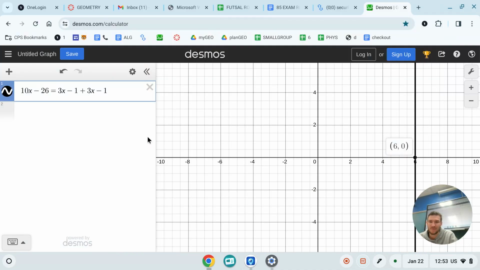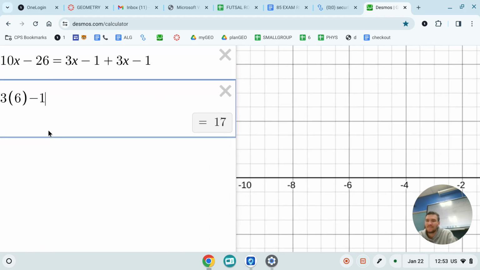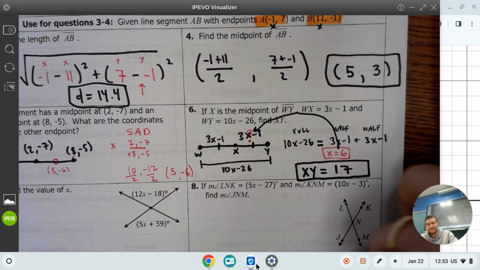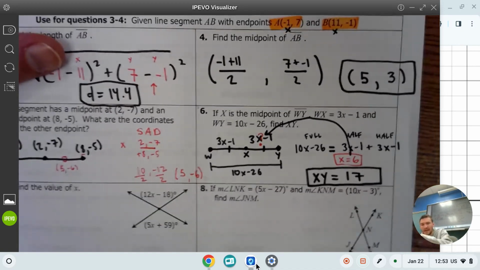You can use Desmos. We've got 3 times 6 minus 1 is 17. So once we found the 6, we just put the 6 in there, and we got it. This is back to using a little bit of that algebra stuff. That was our first question. It'll probably start coming back more and more as we keep going.